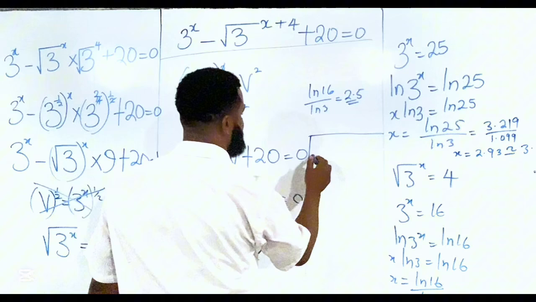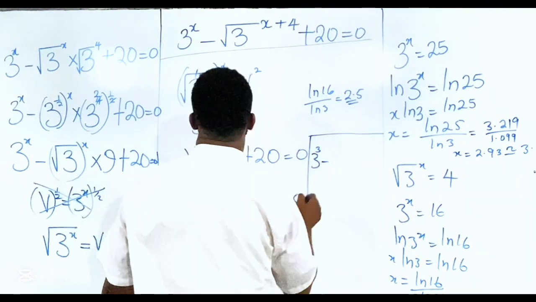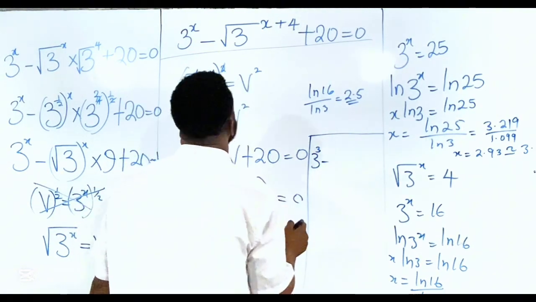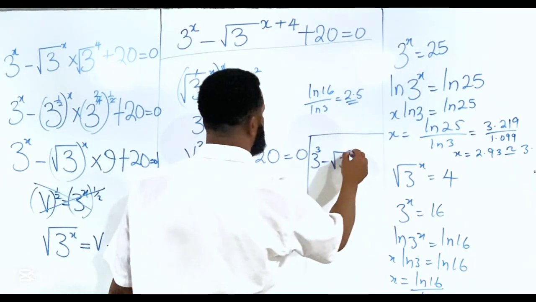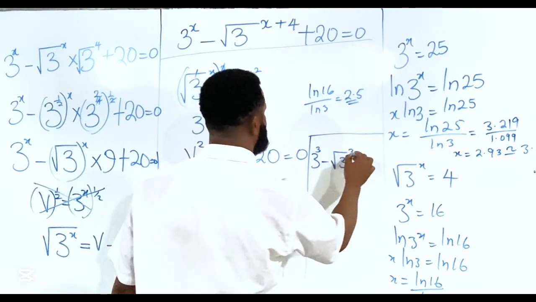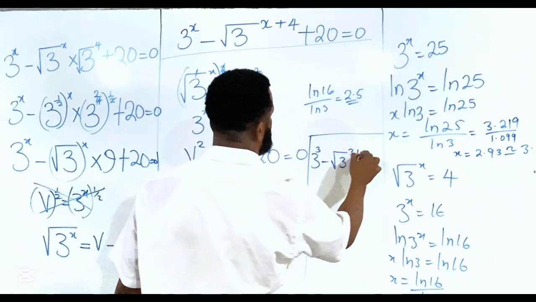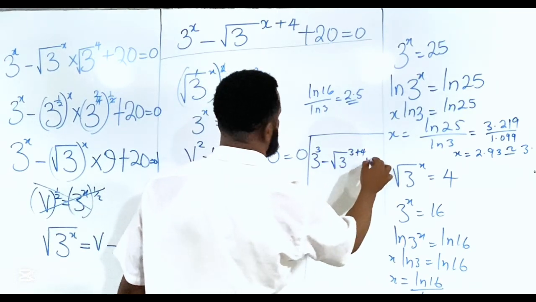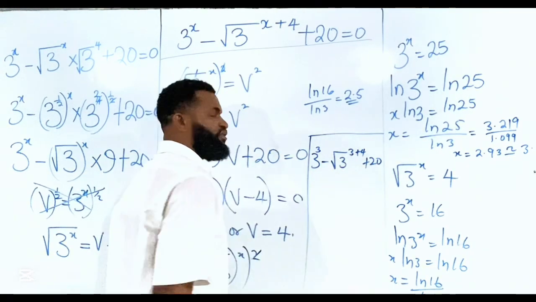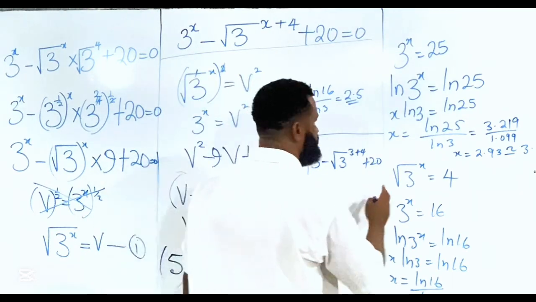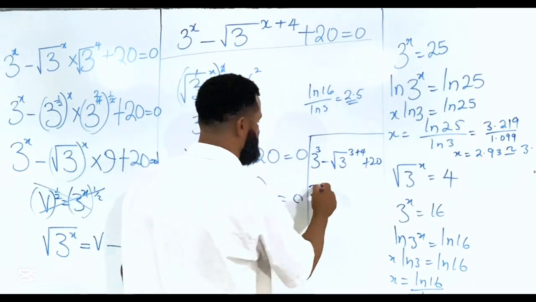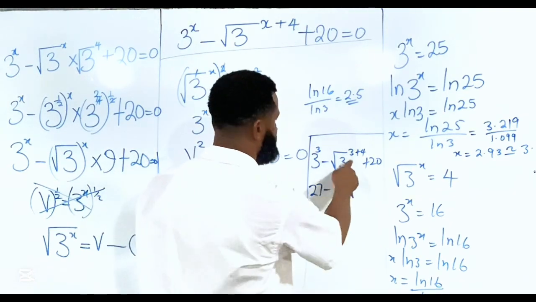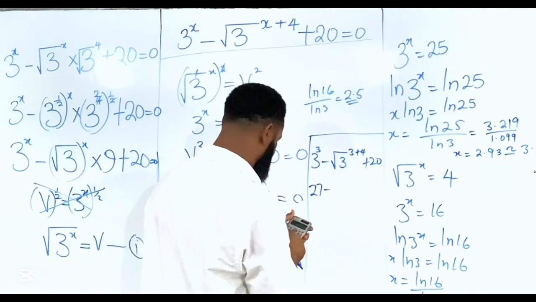So this is 3 raised to power 3 minus square root of 3 raised to power 3 plus 4 plus 20. If this can give me 0, then I know that my solution is true for this value. So this is going to be 27 minus this plus this is 7.